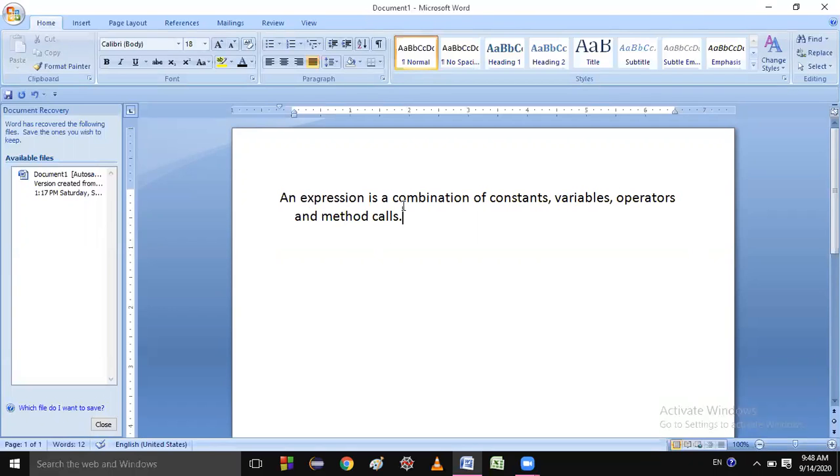So what is an expression? An expression is a combination of constants, variables, operators, and method calls.